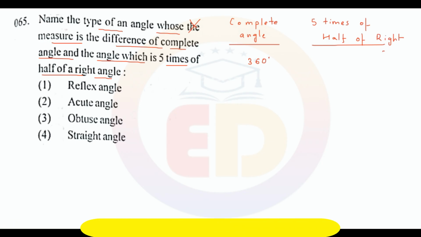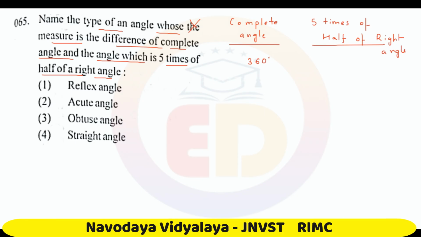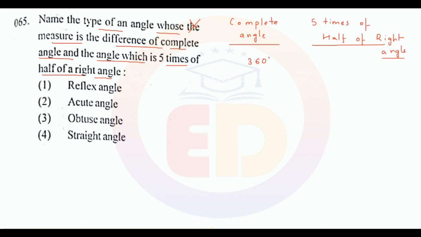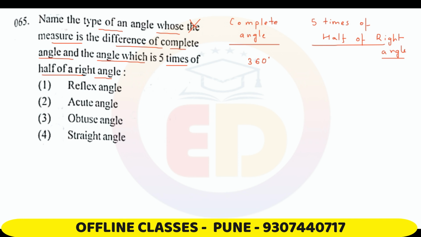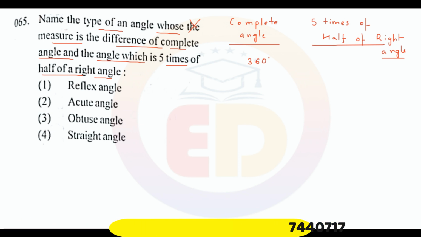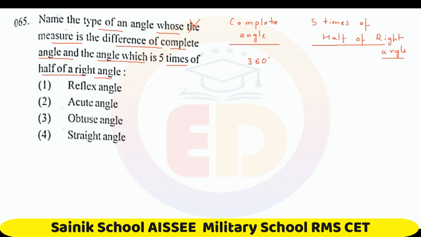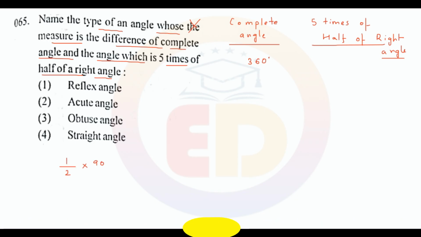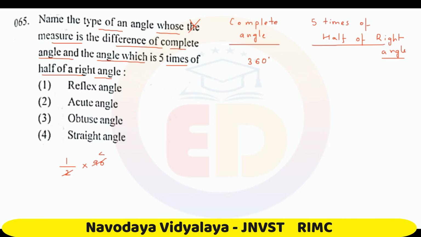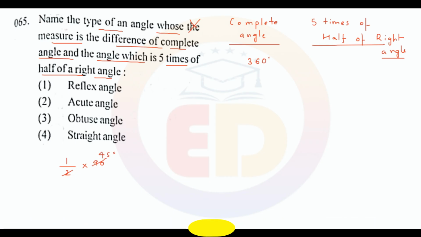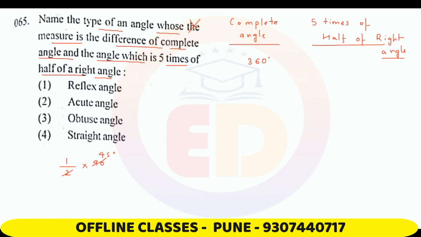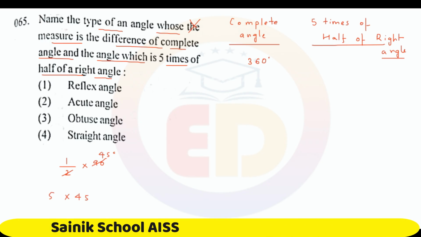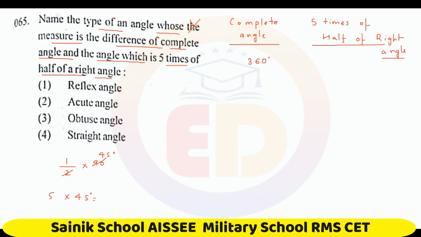You see that they have floated the question through sentences, and it is very important for you to understand how to convert a sentence into an equation. Half of a right angle: we know a right angle is 90, so half of 90 is 45 degree. And they are asking 5 times of half of a right angle, so we do 5 times 45 degree, which is 225 degree.